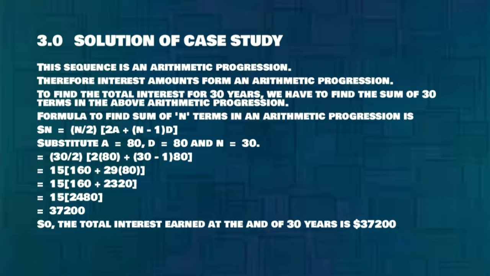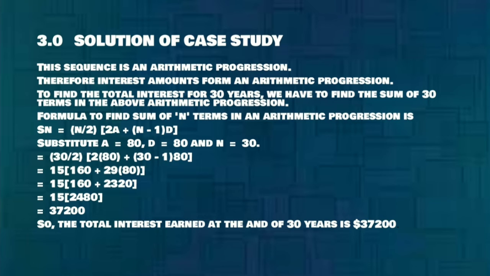To find the total interest for 30 years, we have to find the sum of 30 terms in the above arithmetic progression. The formula to find the sum of n terms in an arithmetic progression is Sn equals n over 2 times the bracket 2a plus the bracket n minus 1 times d.